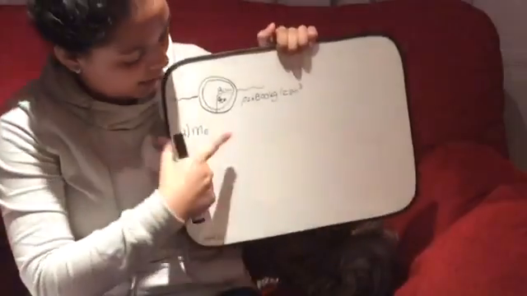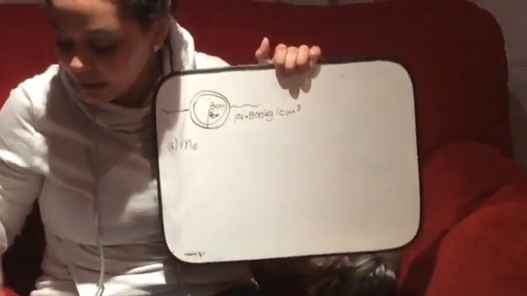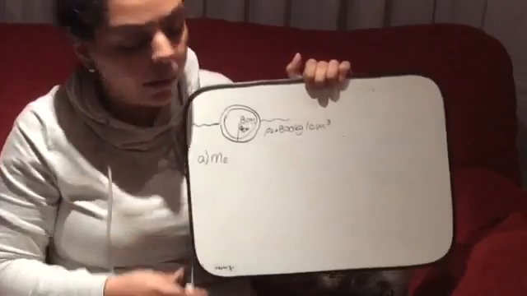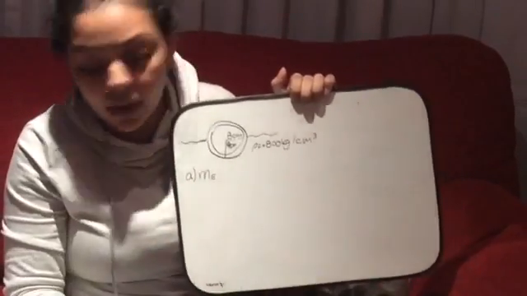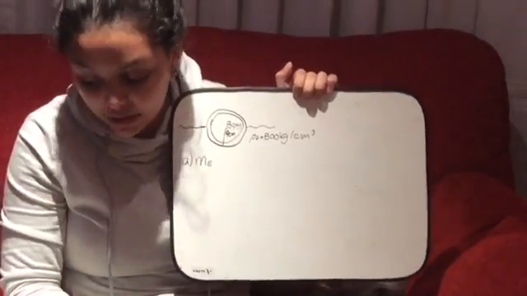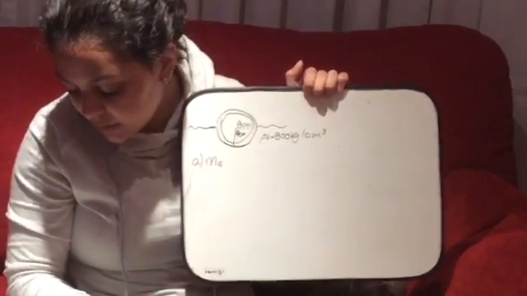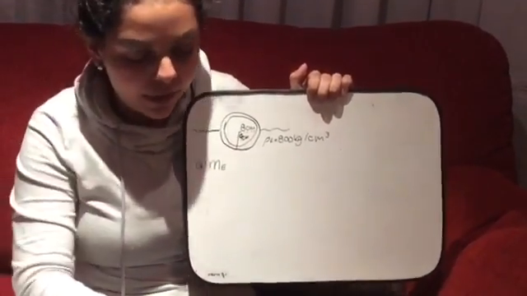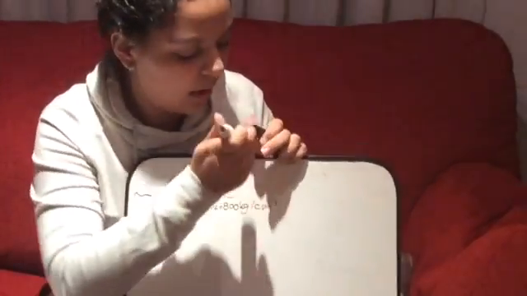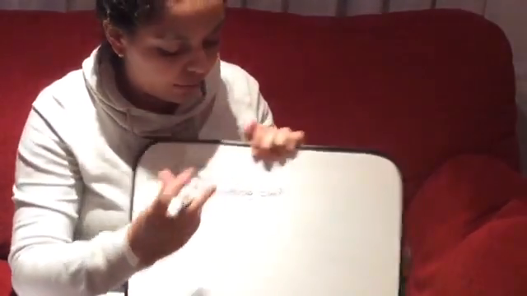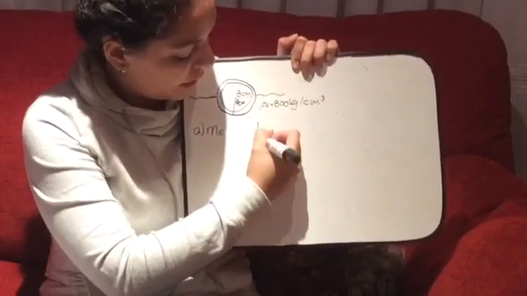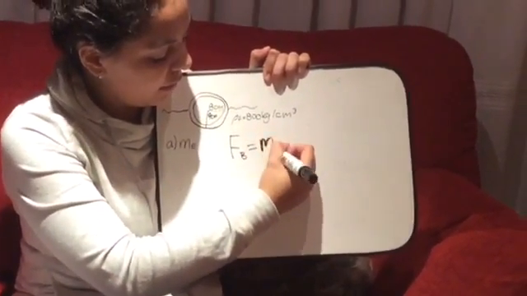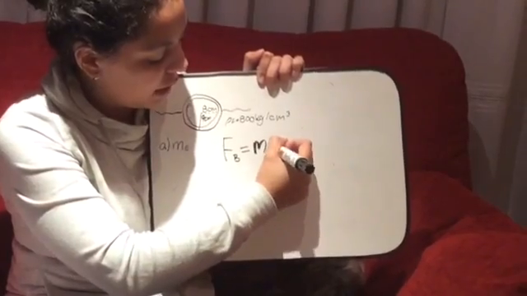I drew here a small diagram that shows what the problem says, which is that there is a sphere that is hollow and it has an inner radius of 8 and an outer radius of 9. So first it asks for the mass of the sphere. So what I'm going to use is the formula that says that the buoyant force should equal the mass of the sphere times gravity.